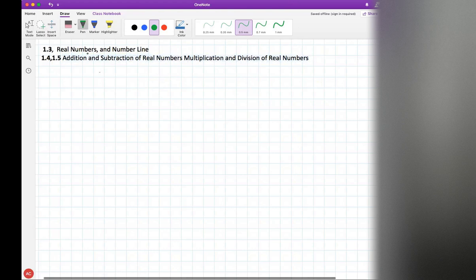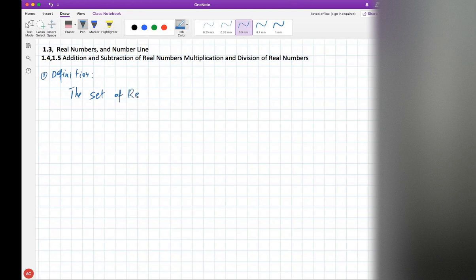But before that, let's first learn what real numbers are and define those. So real numbers, what we call the set of real numbers, is basically a group that contains all the numbers in different types, forms and signs, for example, fractions, decimals, positives, negatives, powers, all those.